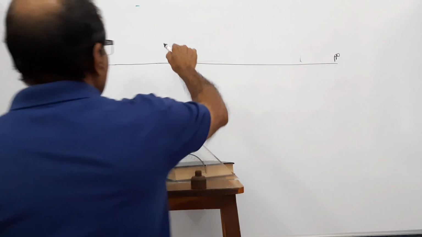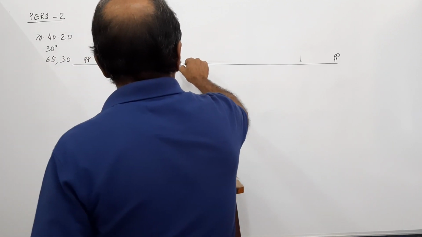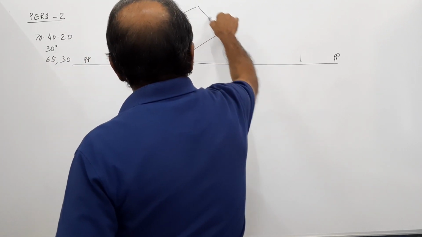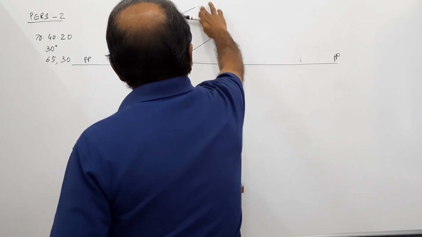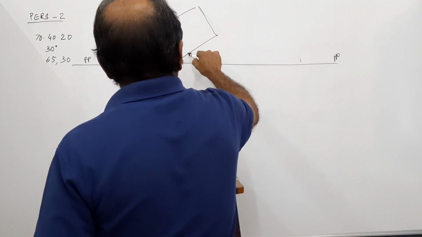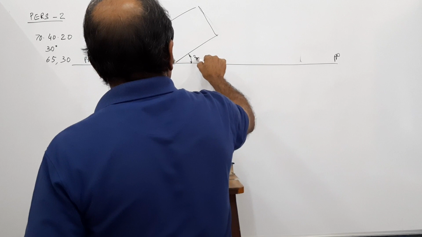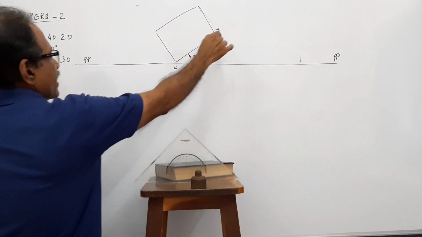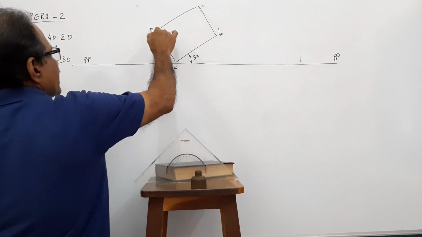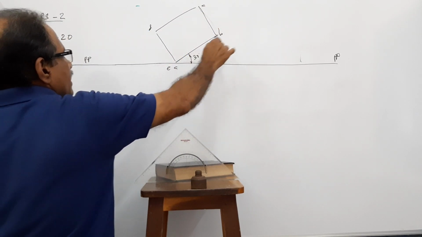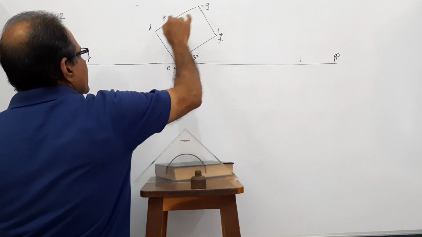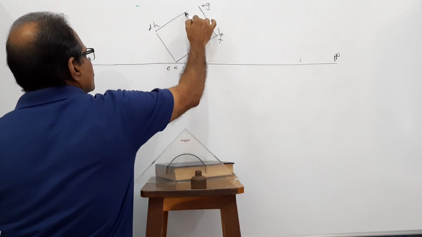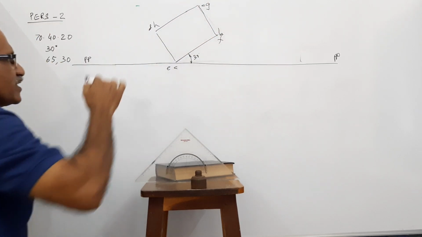Where is the box? Box is like this. This is the box. How is the box? The box larger side 30 degrees. A, B, C, D, E, F, G, H. I hope you understand.